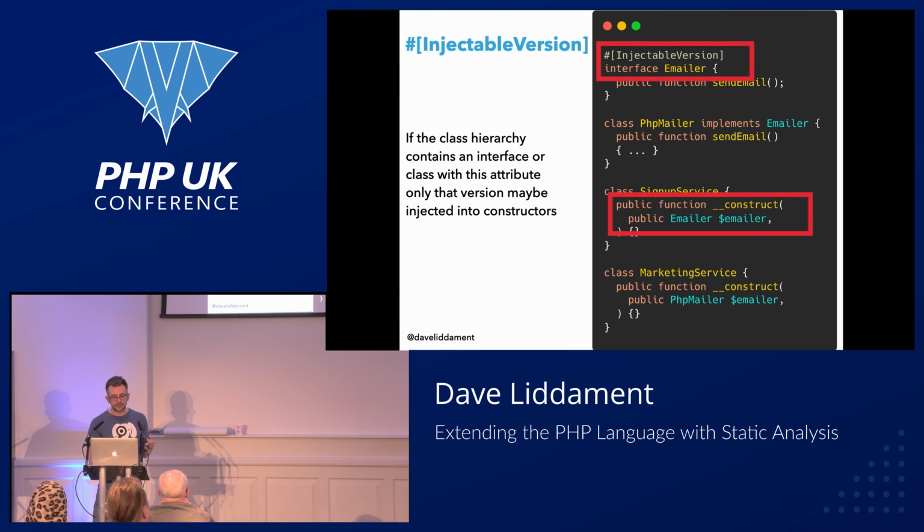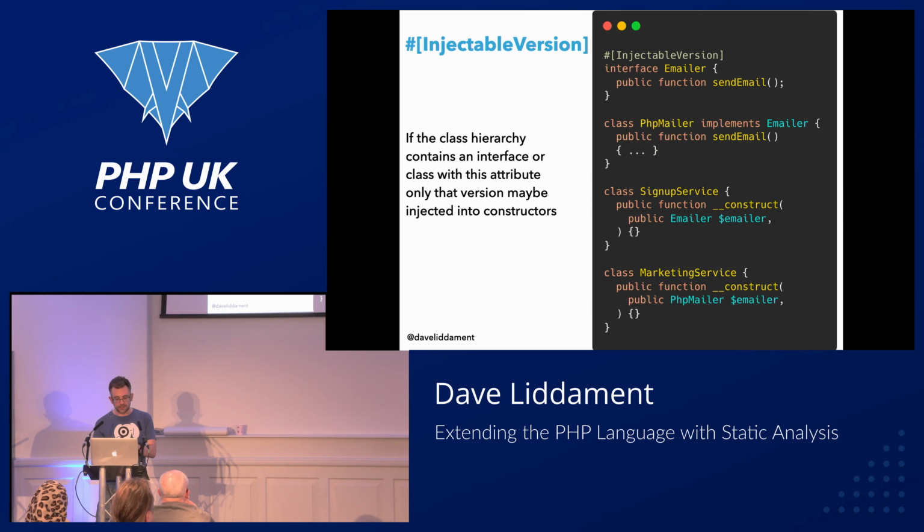And then what this does is it goes through and looks at all the constructor calls, and it works out the types of all of the parameters. In this case, it looks at emailer and says, oh yeah, emailer's got an injectable version on it, but that's fine, that's okay.